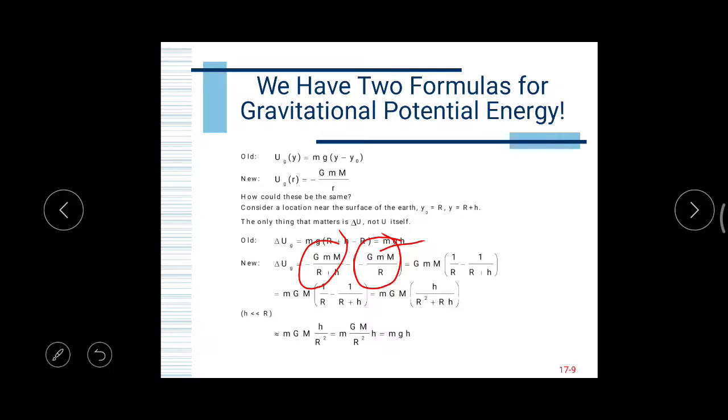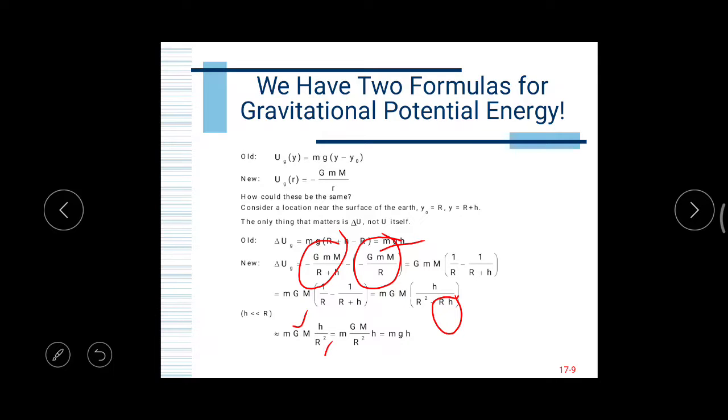Solving this one, you will get G M m h divided by (r square plus rh). As the h value is very much less than r, this rh term will get cancelled or be negligible, and the equation will become G M m h divided by r square, where capital M is the mass of the earth and r is the radius of earth.